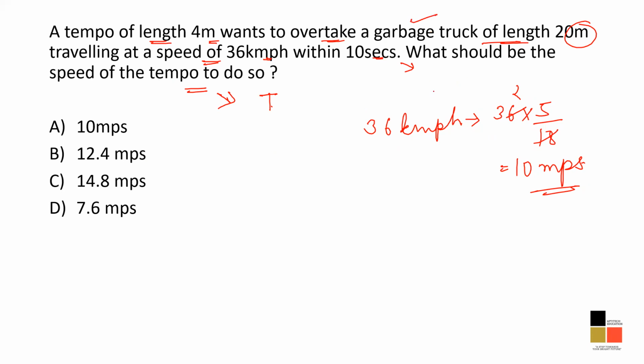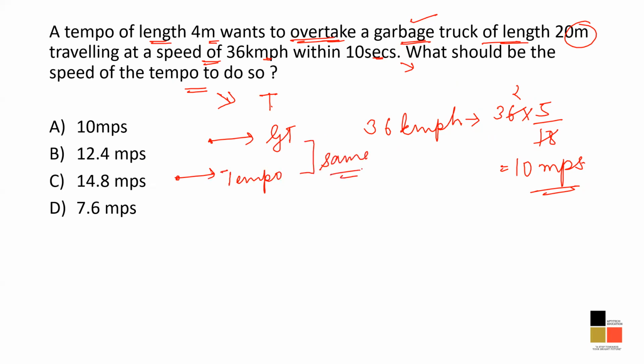Now these two are traveling in the same direction. How do I make that out? Because the tempo has to overtake the garbage truck. Overtaking means if this is my garbage truck, the tempo is going to come behind it and they both are going to move in the same direction.